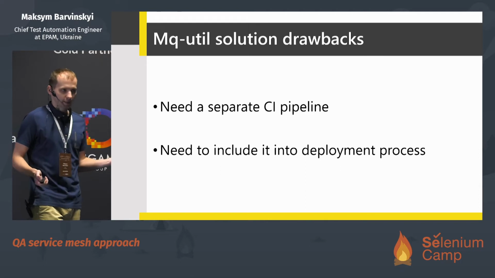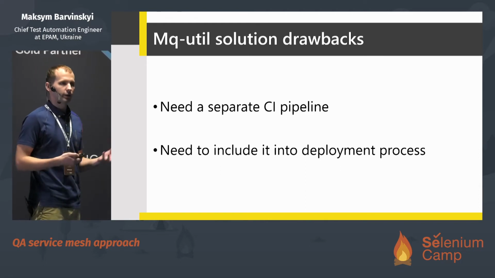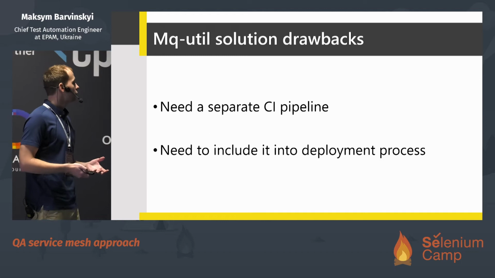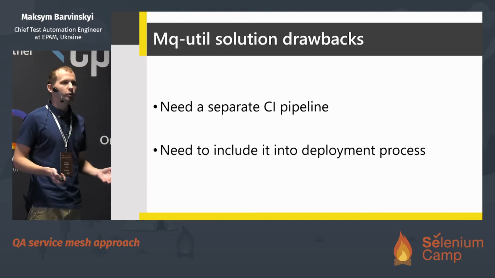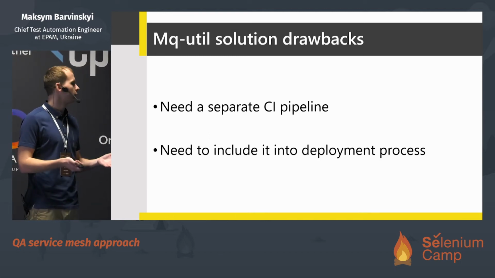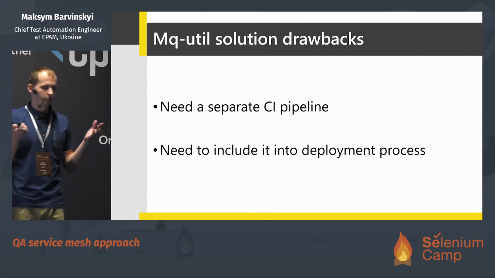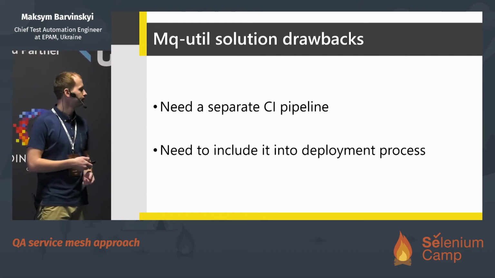And the drawbacks are the same here, because basically it's another artifact in our infrastructure. So we would need to create some kind of a good pipeline and again, deploy it.